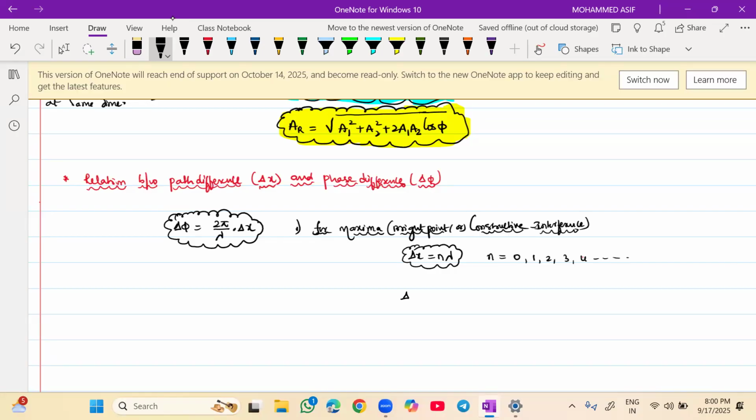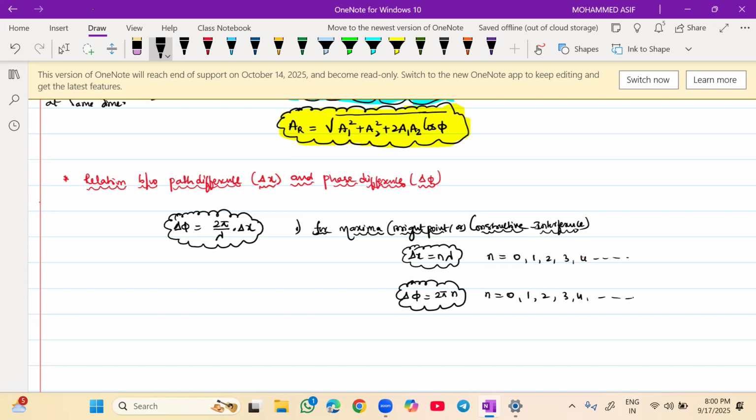And phase difference delta phi will be equal to 2 n pi, or 2 pi into n I can write. This will be the phase difference, delta phi. N value will be same again, 0, 1, 2, 3, 4.